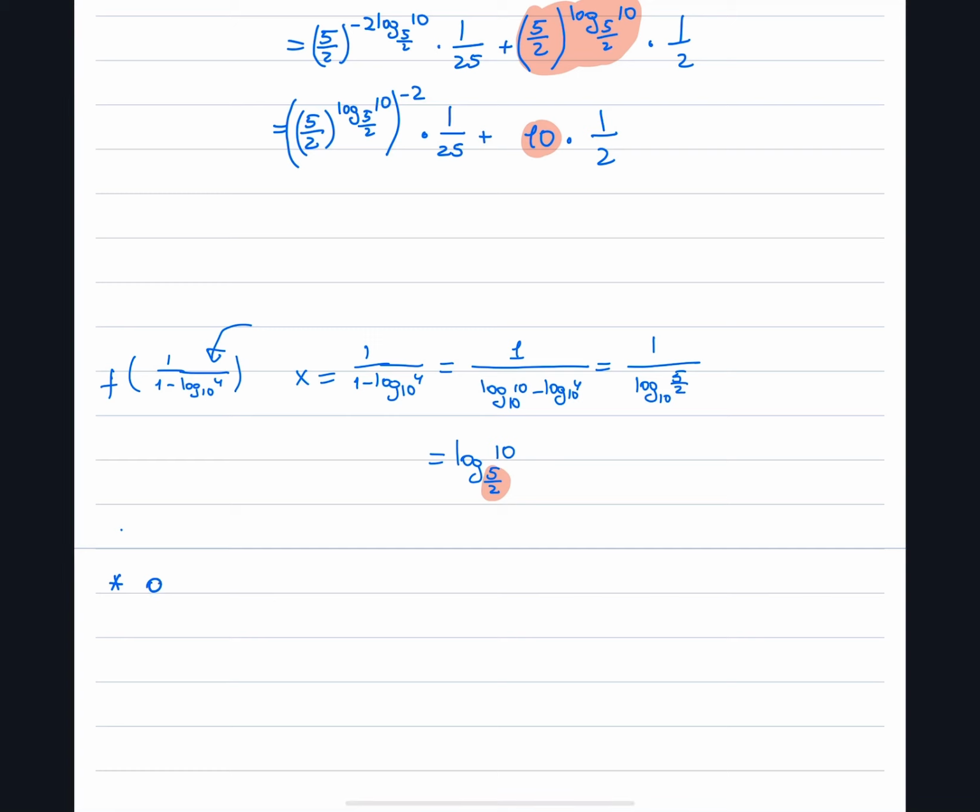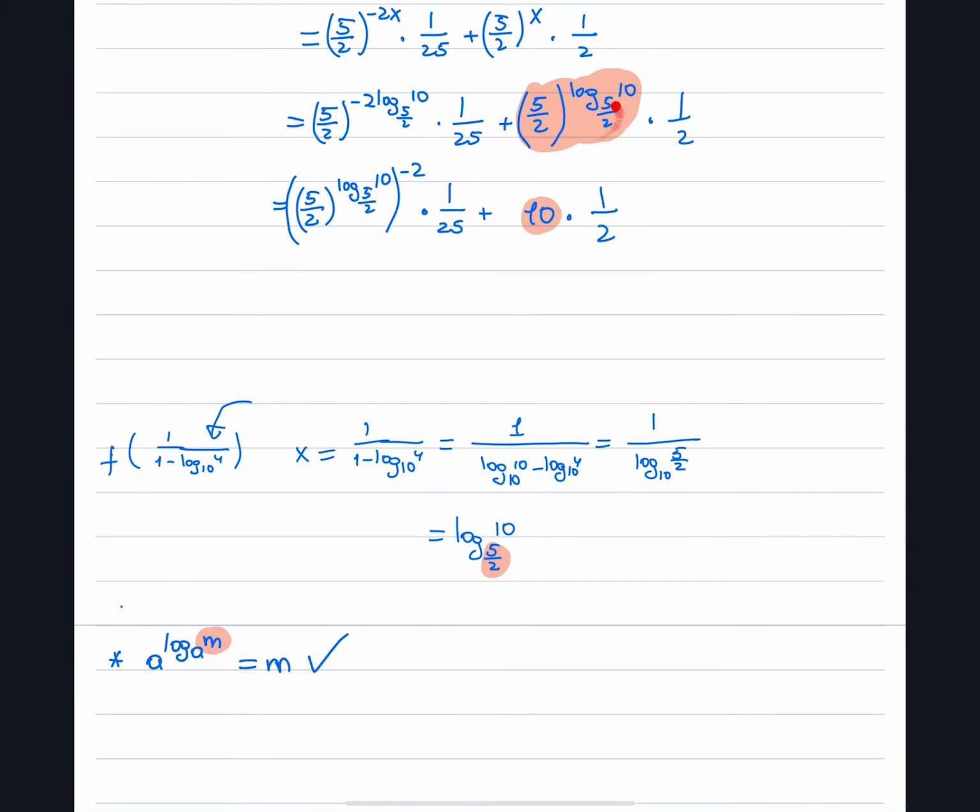That's a to the power of log base a of m, same as m, sorry. So it's going to be equal to just the argument. The proof is very simple for this expression. If you know this one, you can apply it right here, and I'm also going to apply it right here and find out the answer 10.